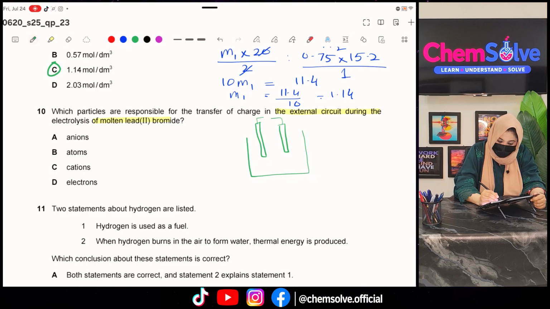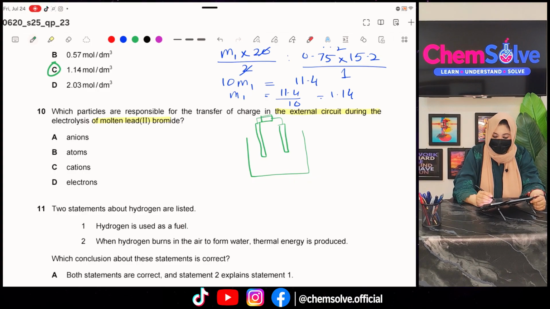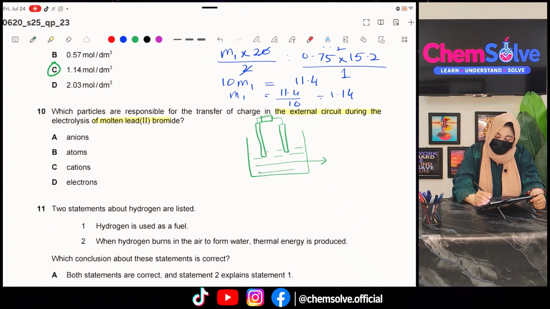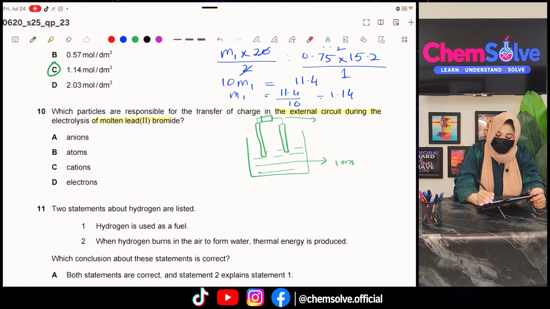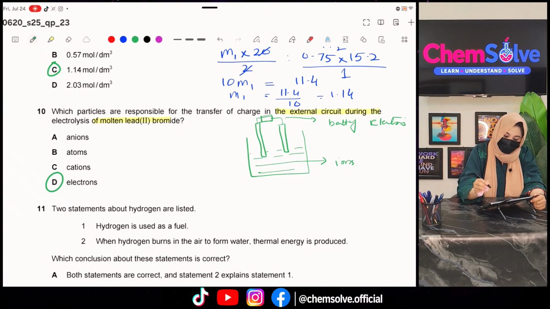These electrodes are joined through a battery. Here is our electrolyte. So in the internal circuit, we have ions, and in the external circuit we have electrons. So the correct option would be electrons.